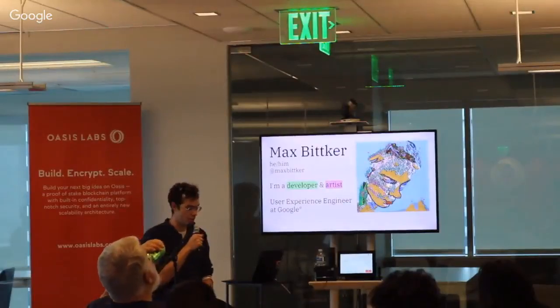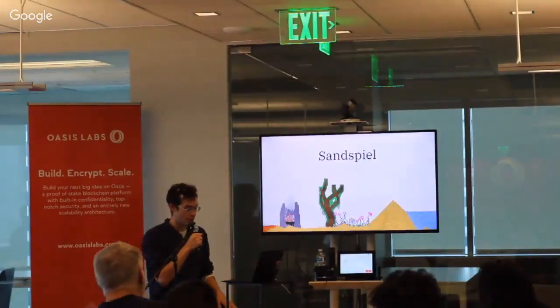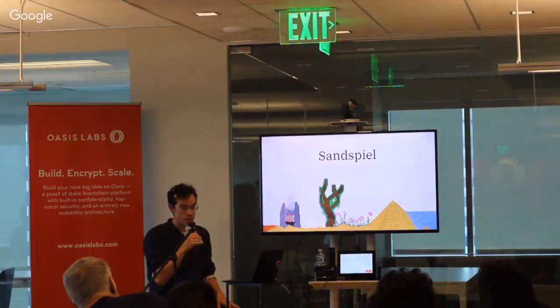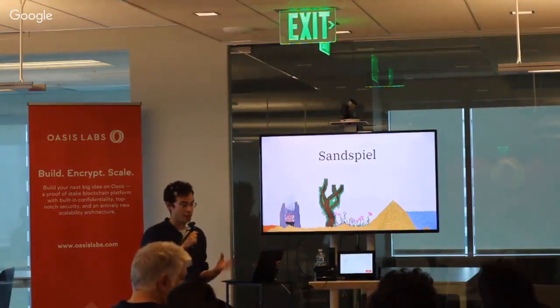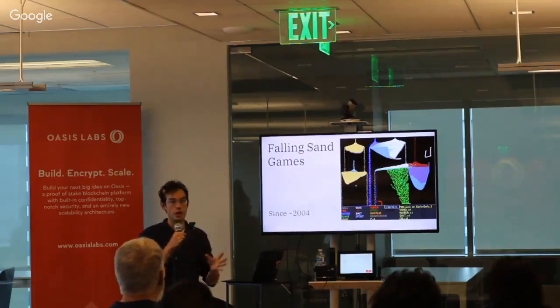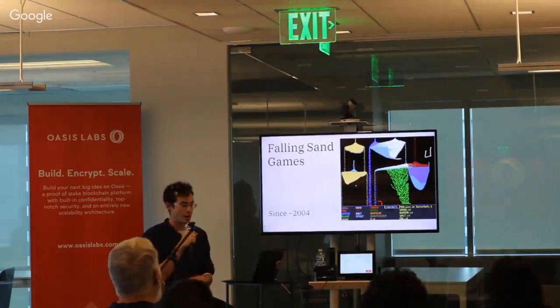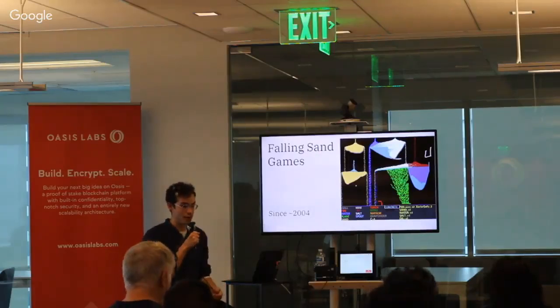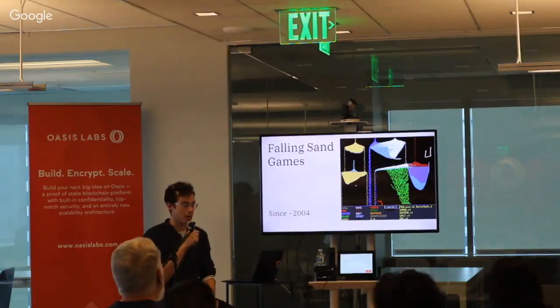So that being said, Sandspiel is a falling sand game. If you're not familiar, falling sand games are a whole genre of games that have been around for a while, and there are a lot of different versions of them.